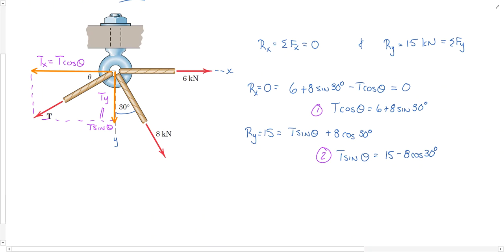What I could do is take equation 2 and divide it by equation 1, so that I have T sine theta over T cosine theta equal to 15 minus 8 cosine 30 degrees divided by 6 plus 8 sine 30 degrees.